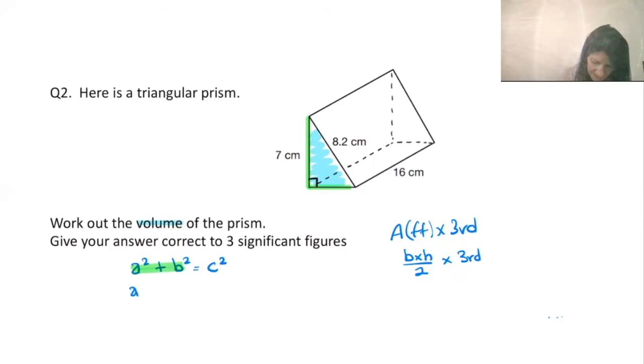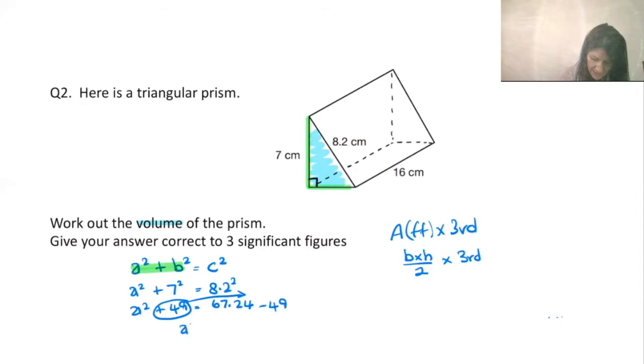So I don't have the base. I've got 7 on that edge and 8.2 on that edge. Start doing some of the maths now, putting it in the calculator. So we've got our 49, and then the calculator gives us 67.24. And now work on getting that letter on its own.